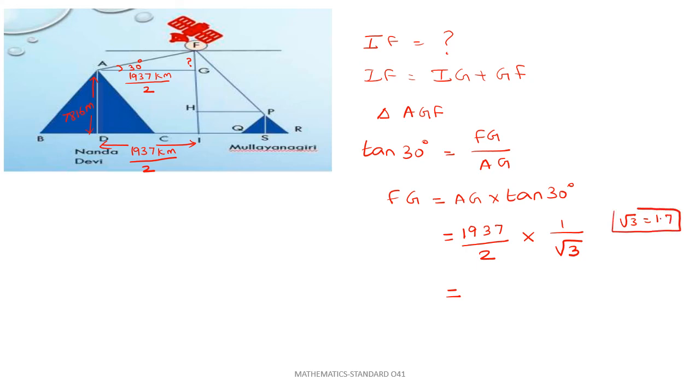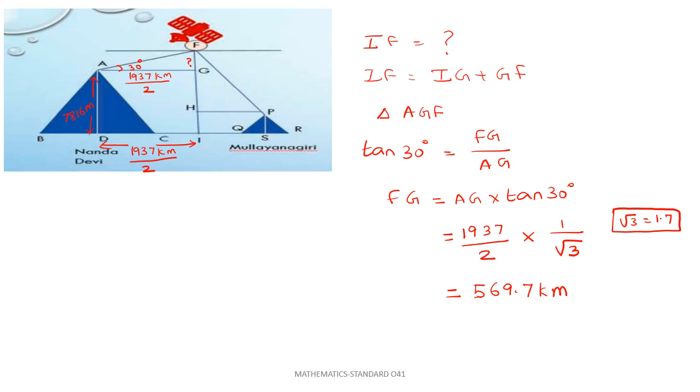If you keep 1.732, little difference will be there in your answer. Teacher will give correct mark for both because they did not mention what value to keep for root 3. So when you do the calculation, you will get 569.7 kilometer because we used the kilometer.